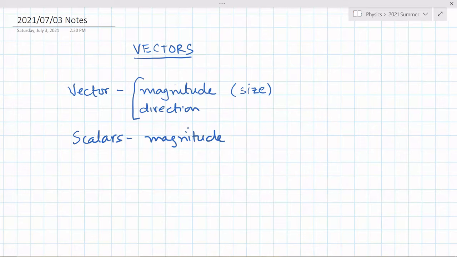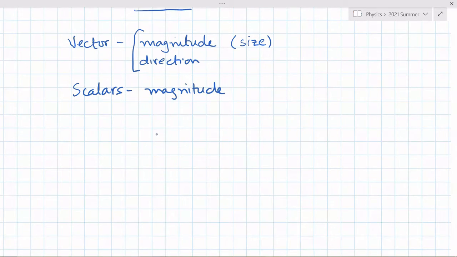If I draw a vector, which is typically drawn as an arrow, and if you're representing it visually, the length of the arrow is supposed to be proportional to the magnitude, right?